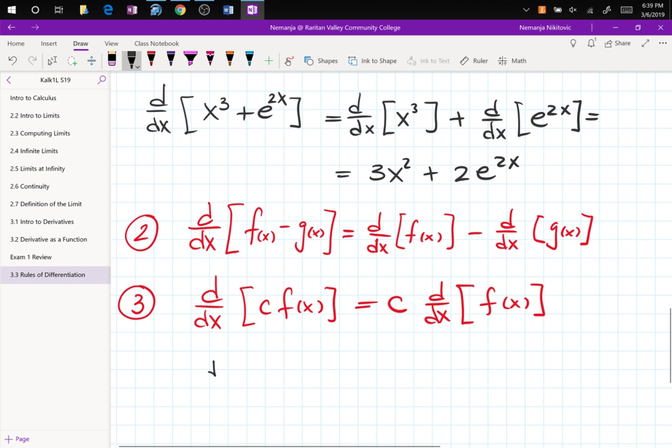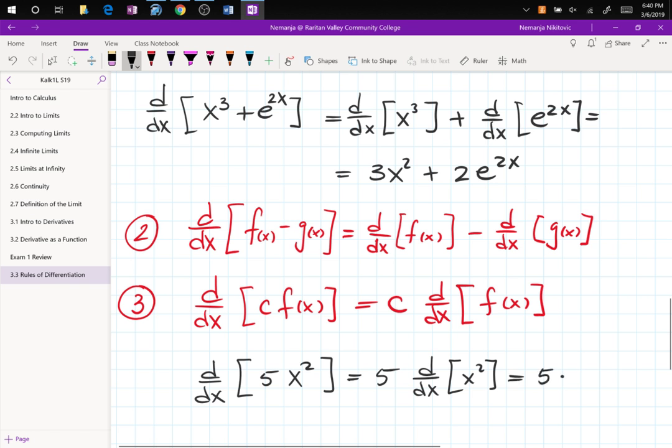So if you have to differentiate 5x squared, 5 goes out, and you are focusing on differentiating x squared, which is now 5 times 2x, which is 10x.